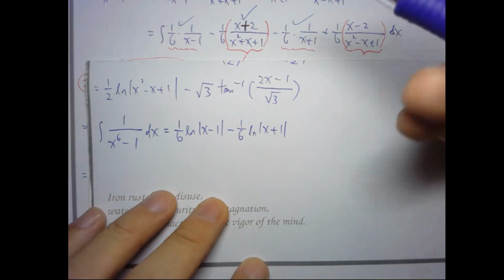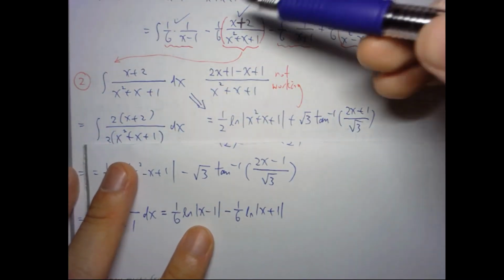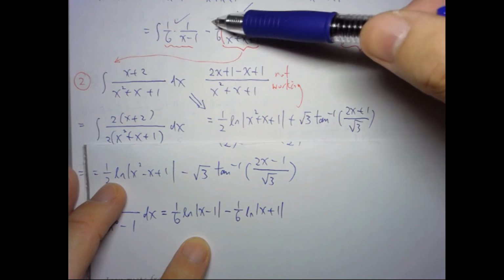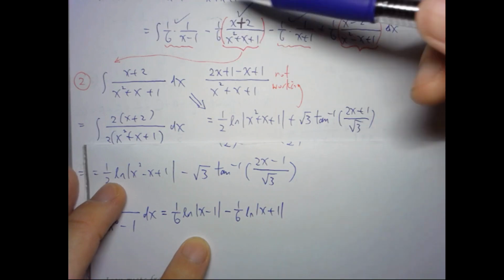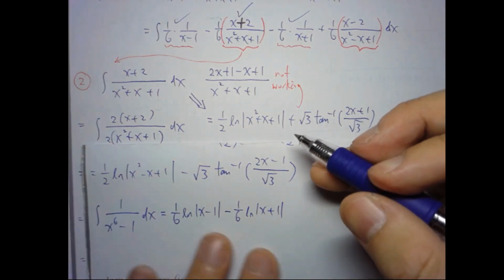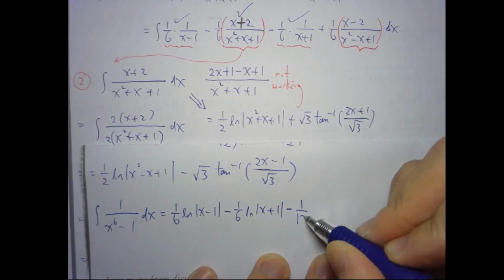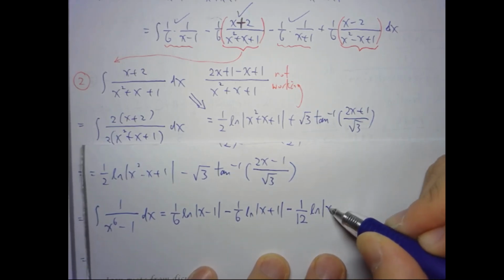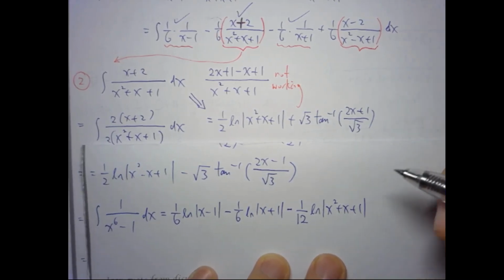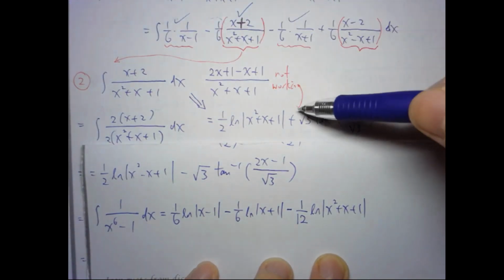So now here we have negative 1 over 6 multiplied by these two terms, right? So we'll get 1 over 12 natural log of these big terms, and then negative 1 over 6 multiplied by this.